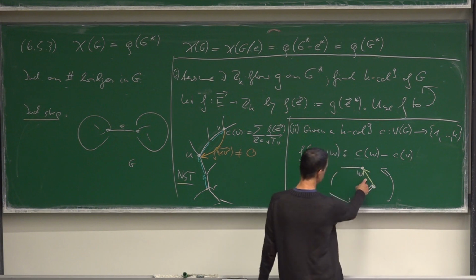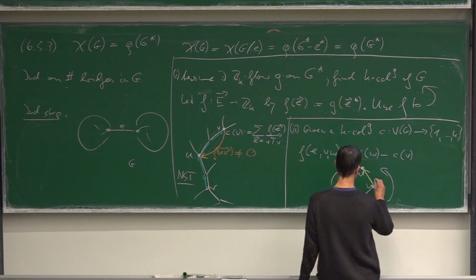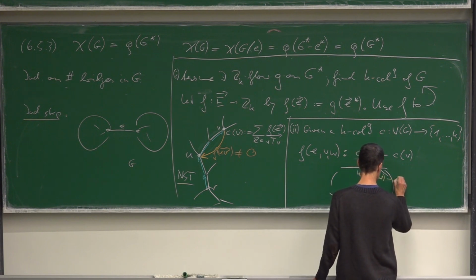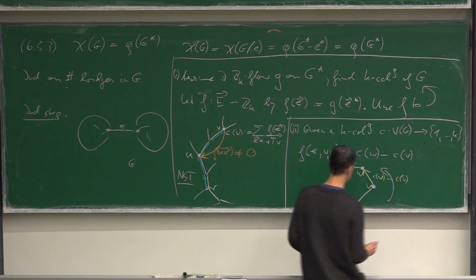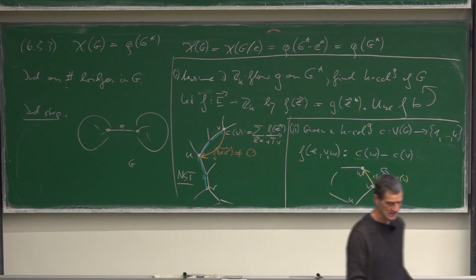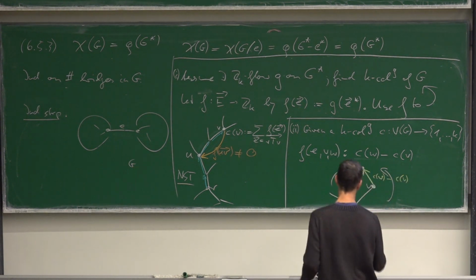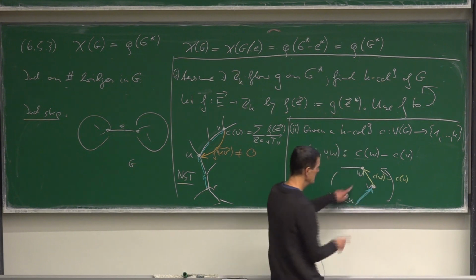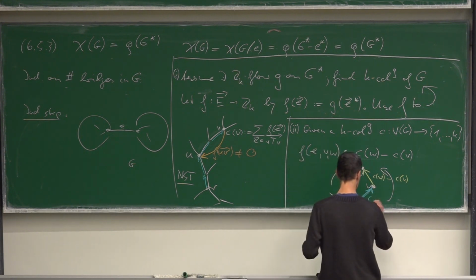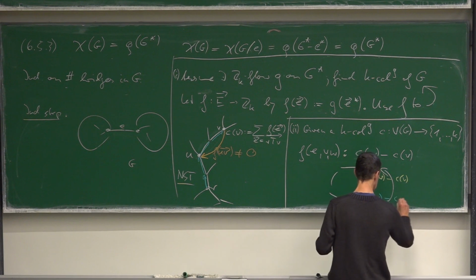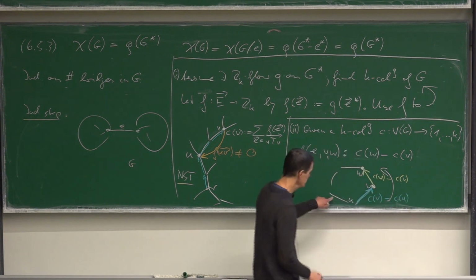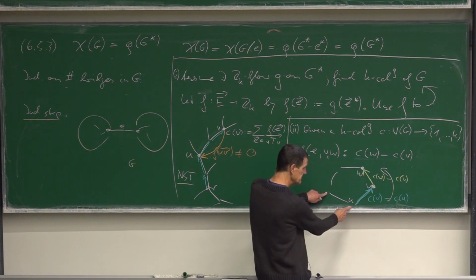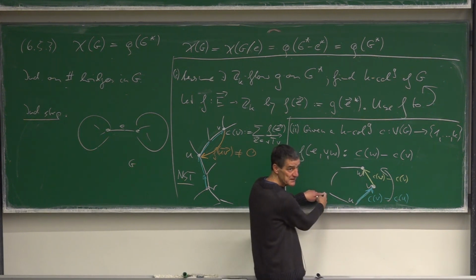So the F value of this edge is C of W minus C of V. The value of this edge here, similarly, is C of V minus C of U. And the value of this oriented edge from whatever to U is C of U minus C of this thing here.